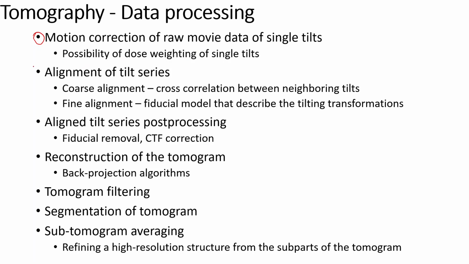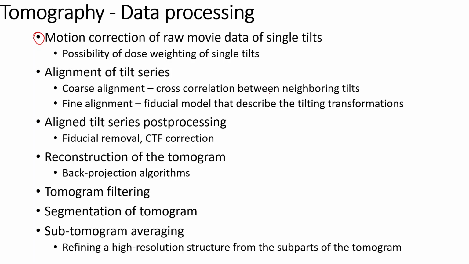After we have our motion corrected tilt series, we are going to align our tilt series. This is because, as we said, there are no perfect stages. We are acquiring our tilt series using these tracking images, yet this is also not completely perfect. So first, we will do a coarse alignment of our tilt series, which is actually done by a very easy cross correlation between the neighboring tilts.